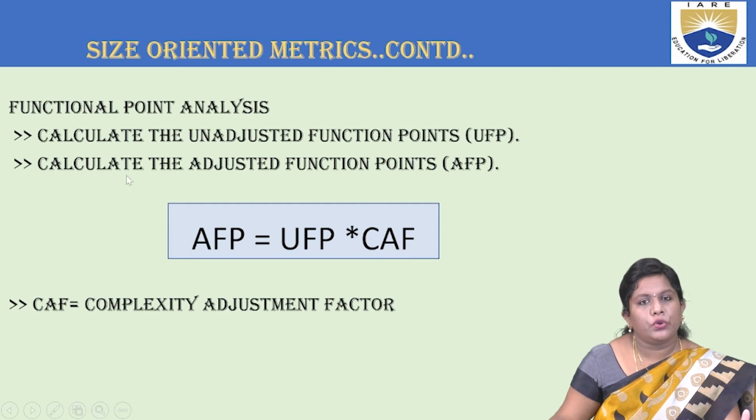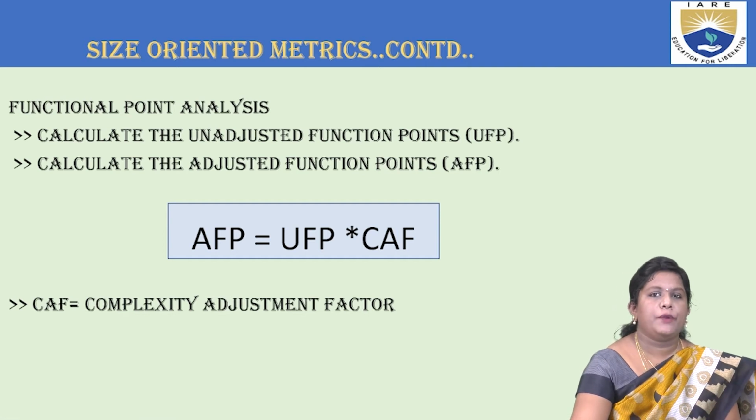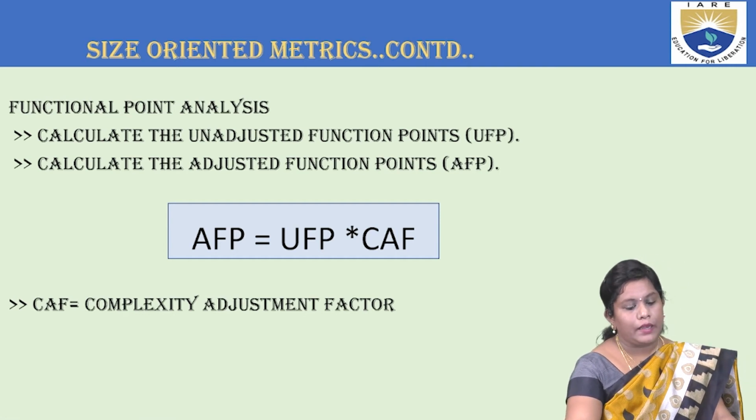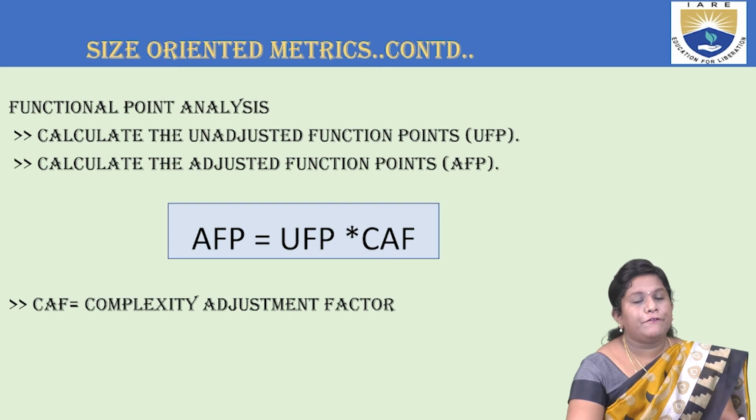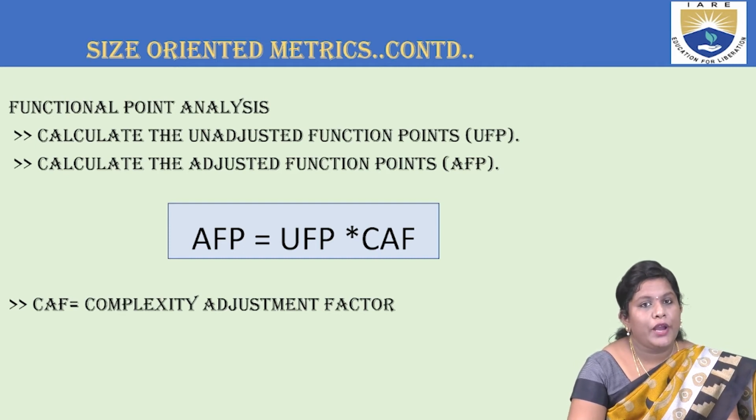Now to know those things, firstly, we have to know how to calculate the FPA, that is the functional point analysis. Right? Looking at the slide, the first thing that we need to do is to calculate the unadjusted functional points. I repeat, you have two terms over there, UFP and AFP. UFP stands for unadjusted functional points and AFP stands for adjusted functional points.